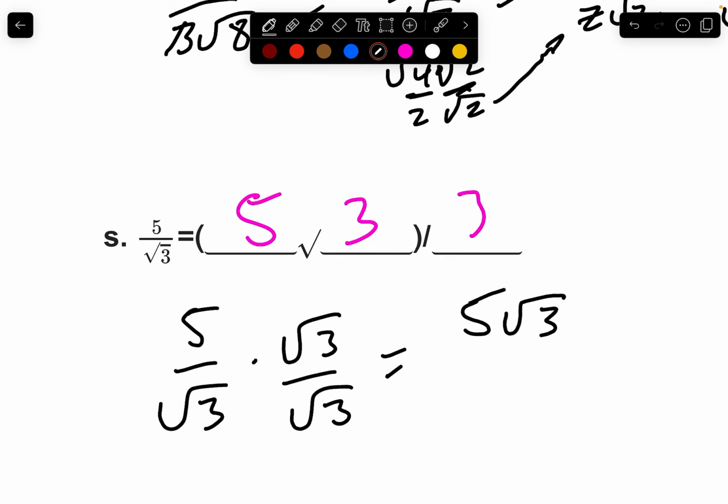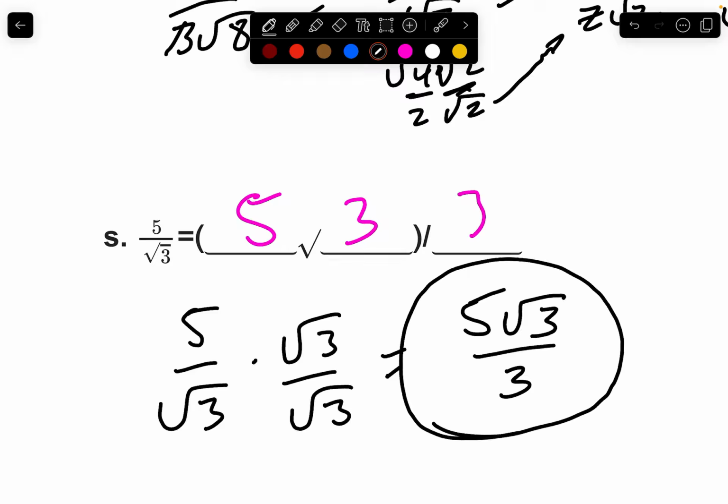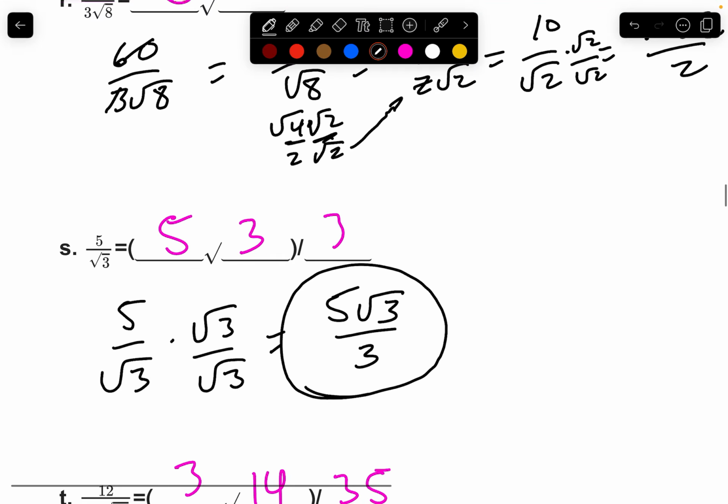It swings to the top, and when it swings to the top, it's done. There's nothing left to do. Nothing reduces, nothing simplifies anymore. So that is as easy as it gets. Dividing by root 3 and dividing by root 2, we will be doing a ton this year.